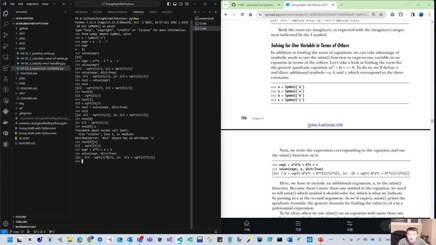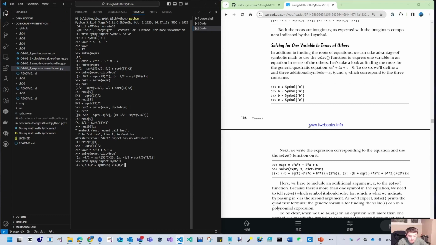So let's say from SymPy import symbols, and then we use x, a, b, c equal to symbols. So we know how we can do it this way.